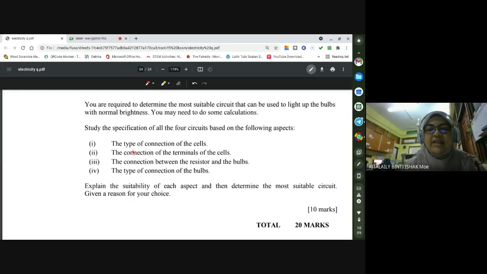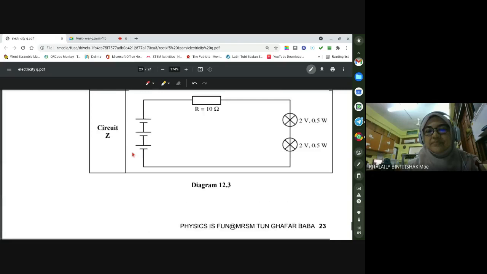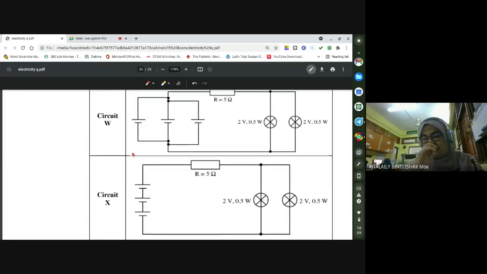Okay. And then the connection of the terminal of the cell. How do we connect the terminal of the cell? Should we connect positive to negative or negative to positive, or positive to positive or negative to negative?